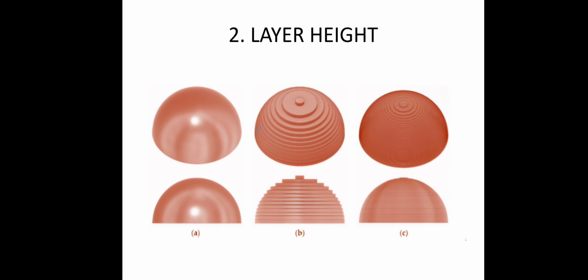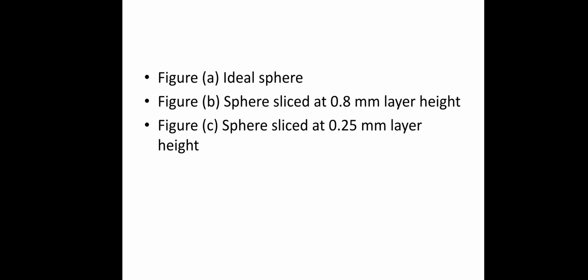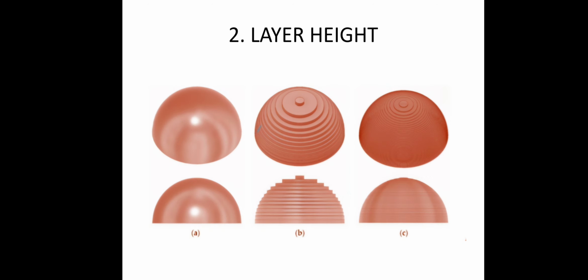Figure C is the sphere sliced at 0.25 mm layer height. Compared to B, the layer height in C is much smaller, 0.8 to 0.25 mm. If layer height is reduced, very few printed lines will be seen on the parts. So layer height should be considered in the design.